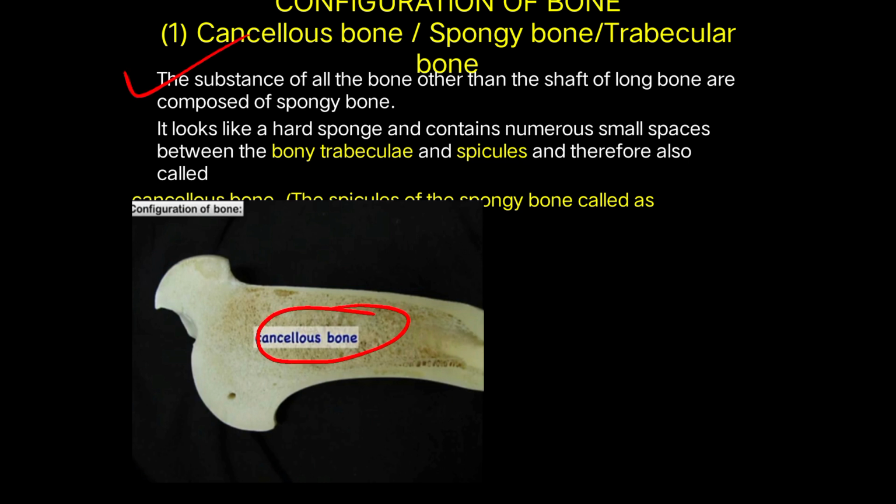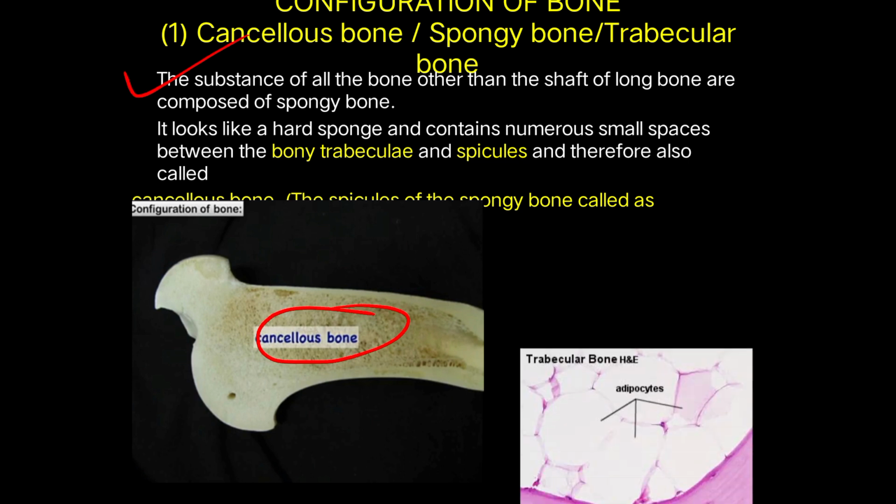The substance of all the bones other than the shaft of long bone is composed of spongy bone, and it looks like a hard sponge and contains numerous small spaces between the bony trabeculae and spicules, and therefore it is also called cancellous bone, and the spicules of the spongy bone are called the lamellar or trabecular structure. That is why they are called trabecular or spongy bone or cancellous bone.